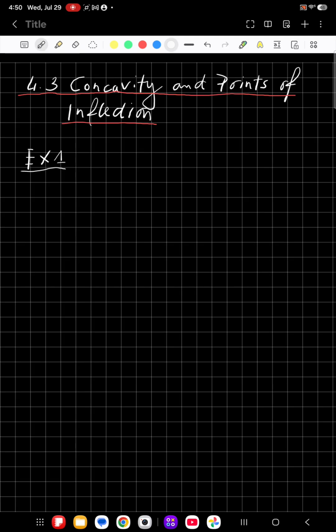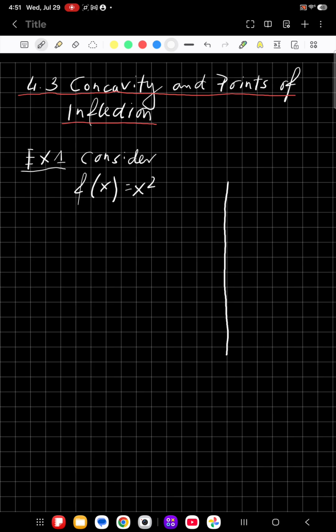Something simple. We'll look at y equals x squared. So consider f of x equals x squared, and we won't really be calculating.